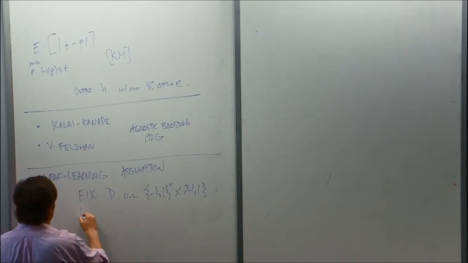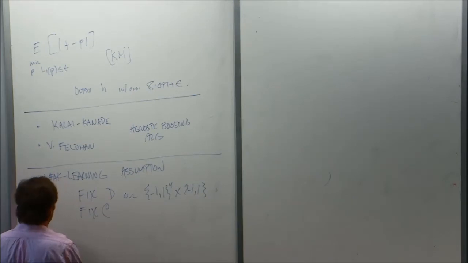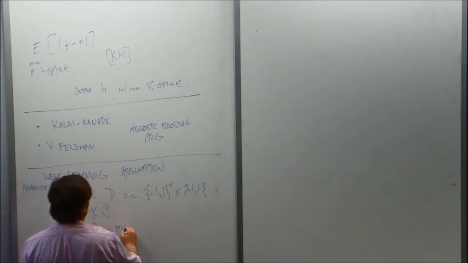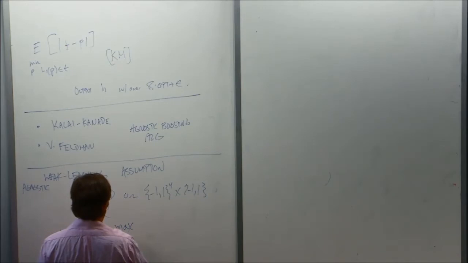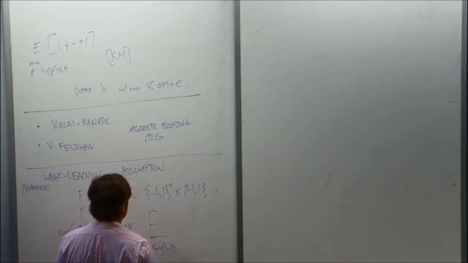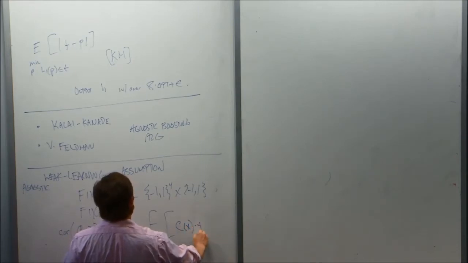We'll define the correlation of C with respect to D to be the max over all c in C of the expectation, when (x,y) is drawn from D, of c(x) times y.